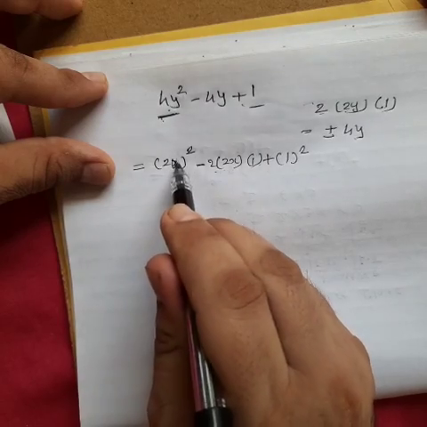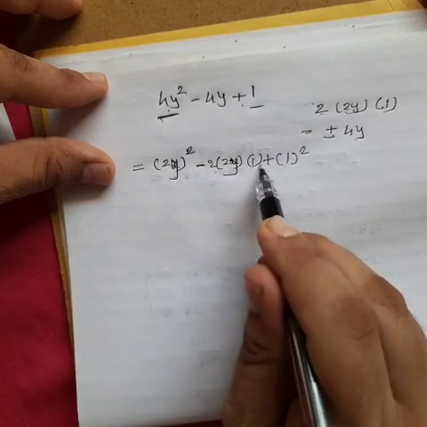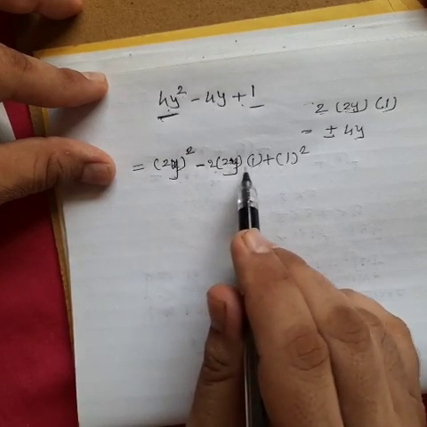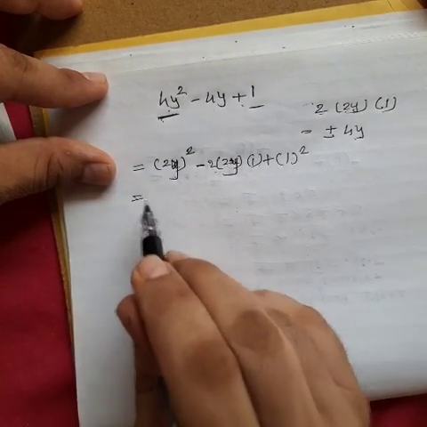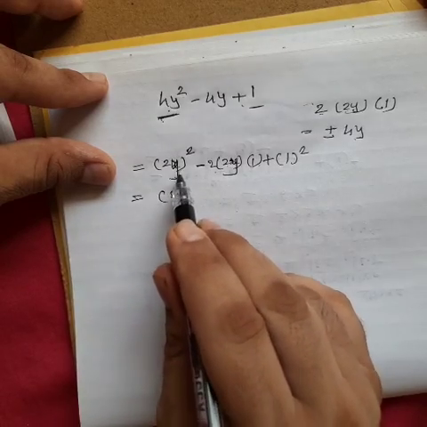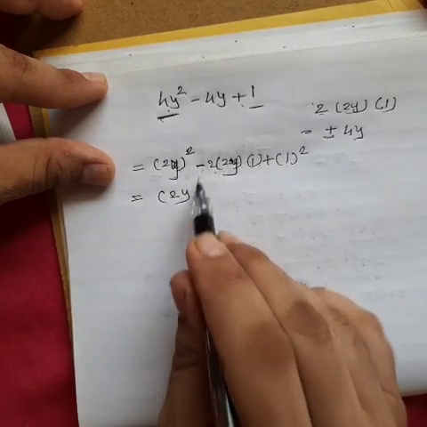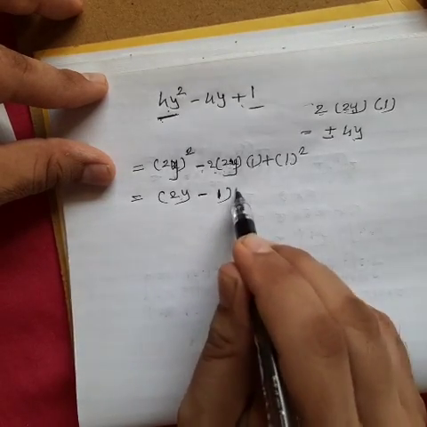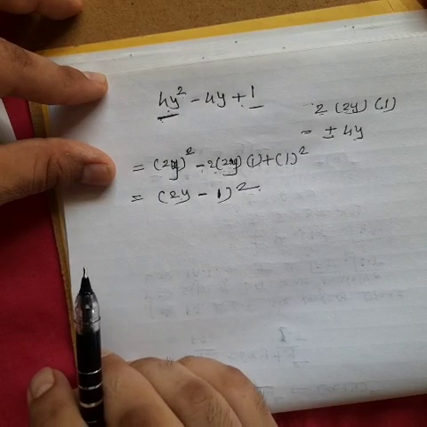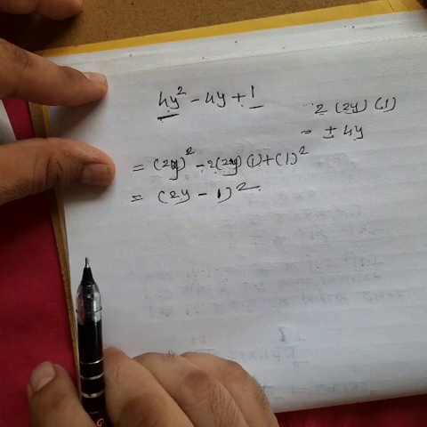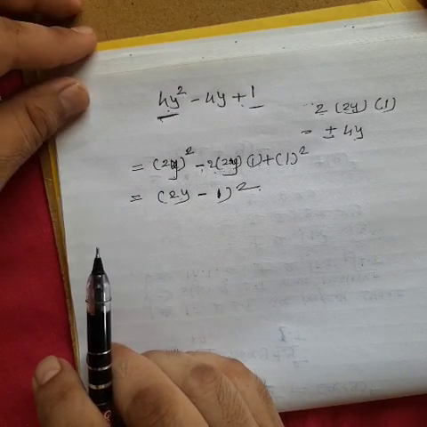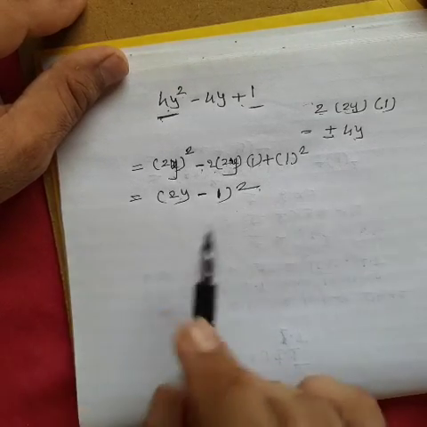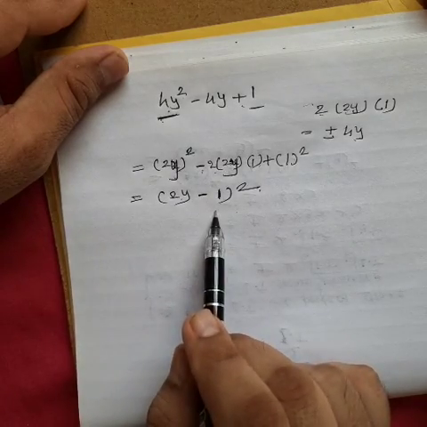Sorry, here it is y, so you write 2y whole square minus 2 into 2y into 1 plus 1 whole square. So finally what you get? The square root of the first, that is 2y, the midterm sign, that is minus, the last term square root, that is 1, whole square. So that is a perfect square kind of polynomial, and we follow the factorization of the quadratic to obtain the product of monomials.